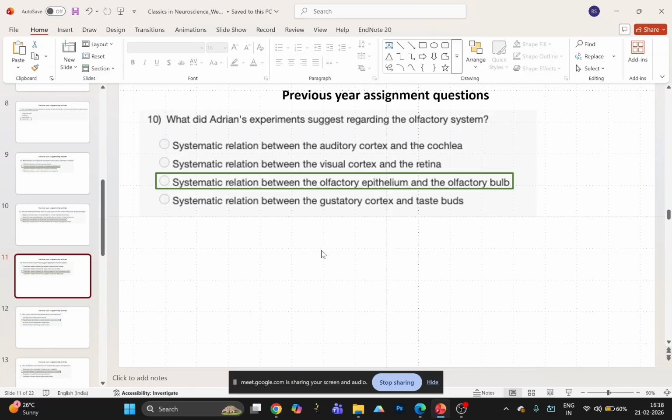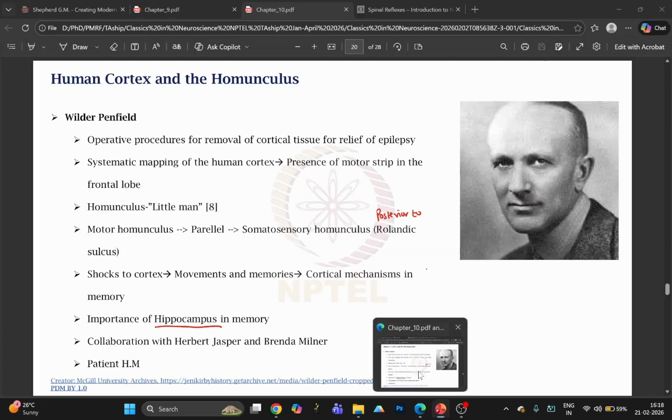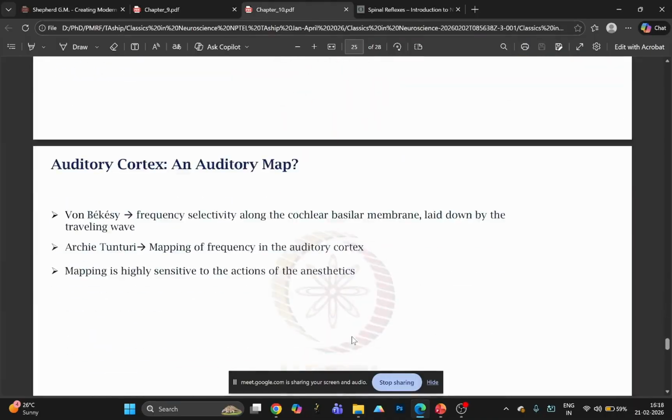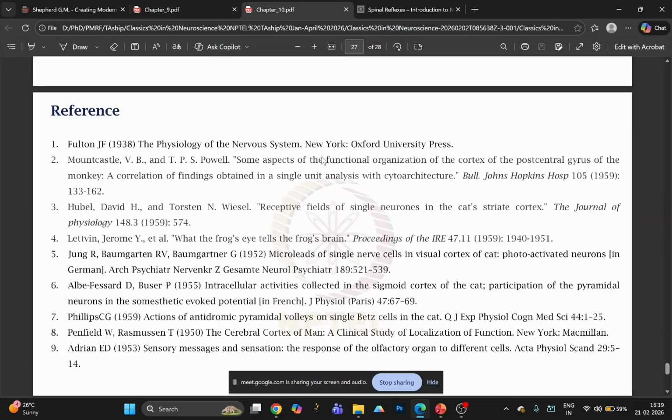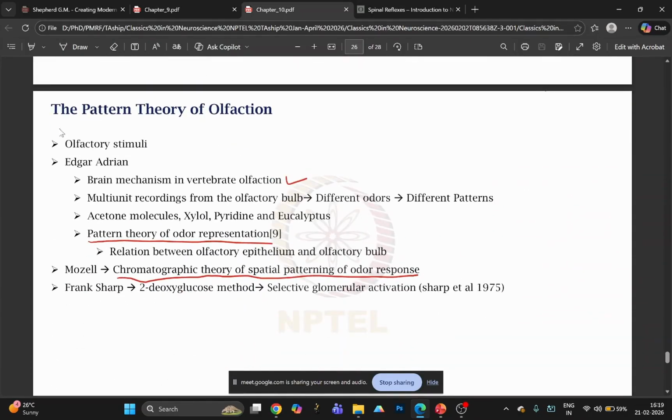And what he saw, so what did Edgar Adrian see?